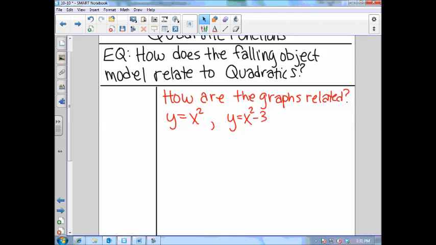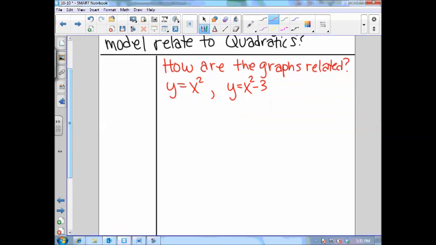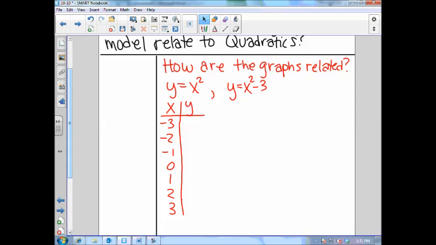Okay, I'll come get those folders now. And while I'm grabbing the folders, what I would like you to do is make your xy table and fill it in for the x squared. Remember, we always use -3 to +3. Fill in the y's on the x squared.